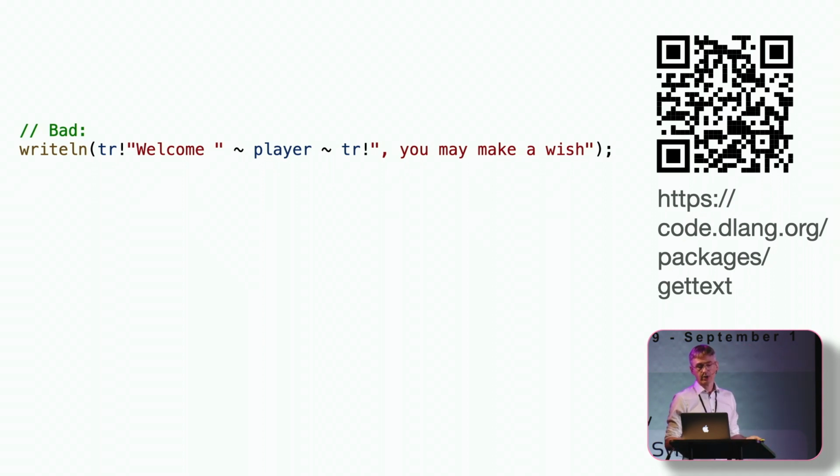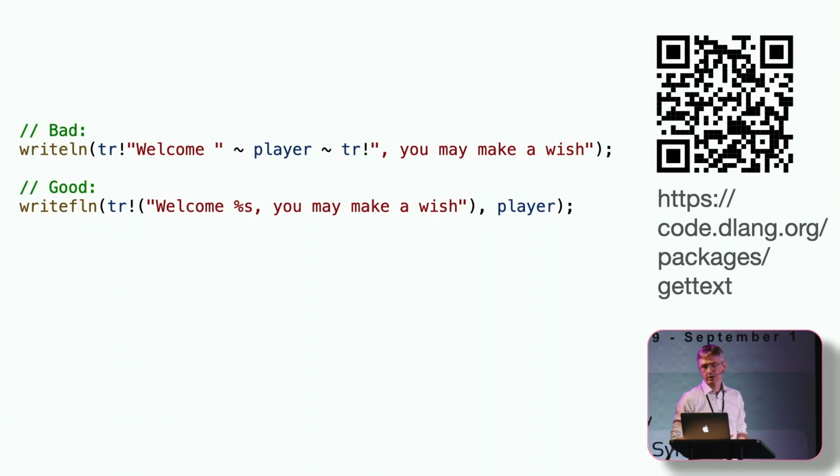But it is bad practice because translators will only see fragments of sentences, and they don't know in which order they are used in the user interface. So in order to enable translators to provide correct translations, programmers should strive to present them with complete sentences as much as possible using format strings. Here the %s is a placeholder for the value of player.